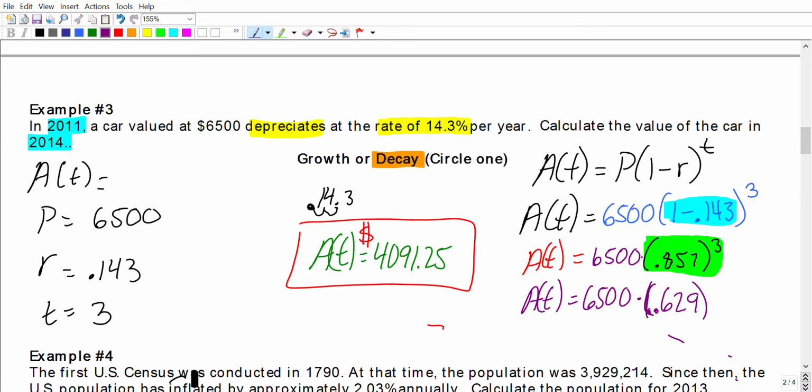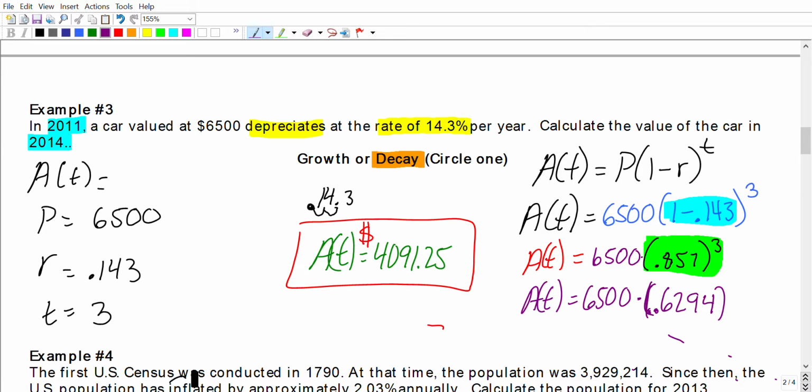You get a little bit of a discrepancy, and the only reason is because we rounded it. So you get 4,088 and 50 cents. So there is a little bit of a discrepancy, guys. Maybe if you had rounded to one more decimal place, you would have gotten something a little bit closer to our actual value. So maybe right here, put one extra decimal. Let's see what that would give us.